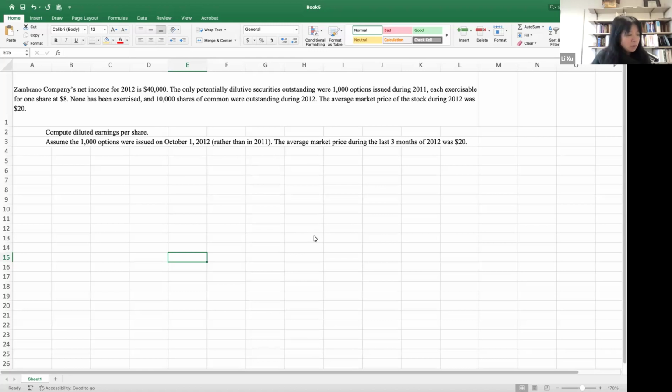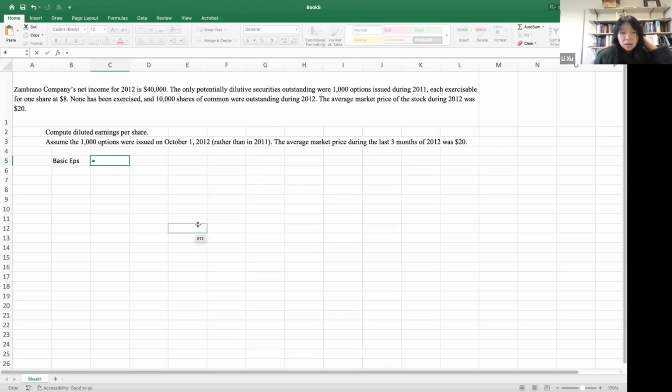Okay, so how do we calculate the diluted earnings per share for a question like this? Step number one, this is super important: it really doesn't matter what we do, the first step is always to calculate the basic earnings per share. If you remember, the formula is earnings available to common stock shareholders, which is 40,000, divided by common stock shares outstanding, which is 10,000.